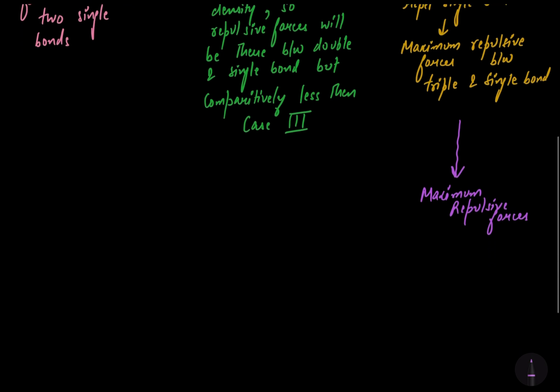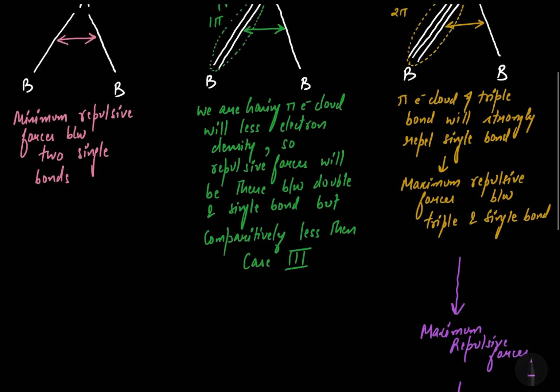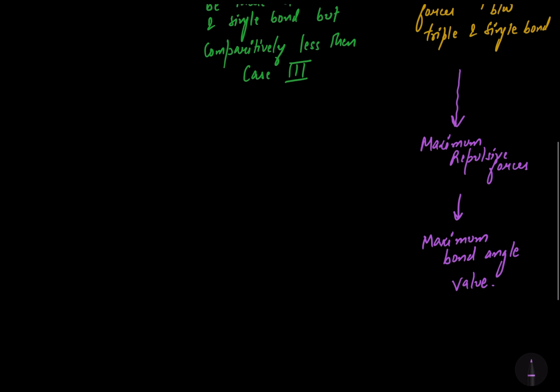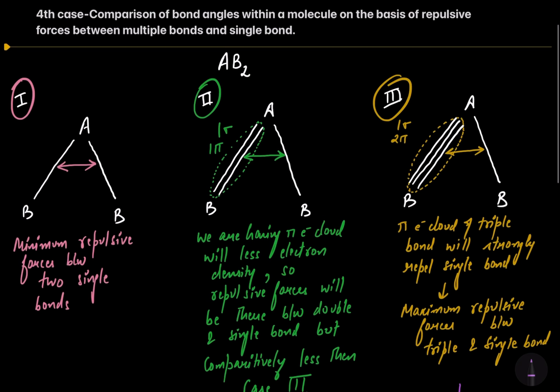So in case of triple bond and a single bond, we will be having maximum bond angle value. Due to the high repulsive forces between the triple bond and the single bond, we will be having maximum bond angle value.